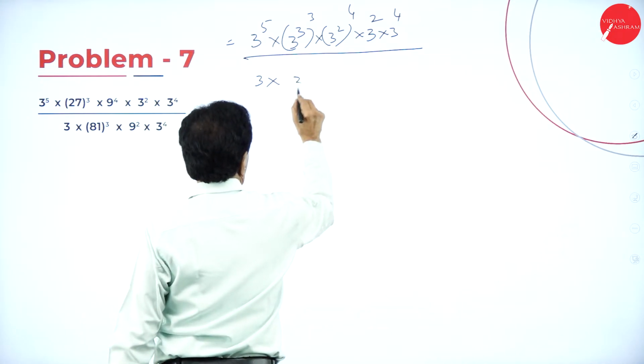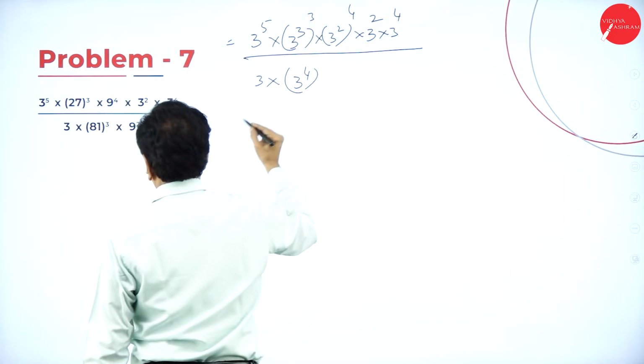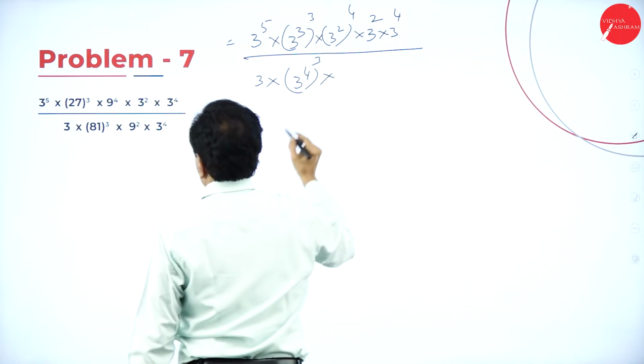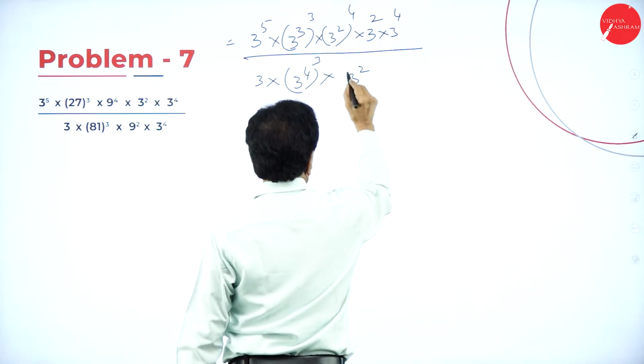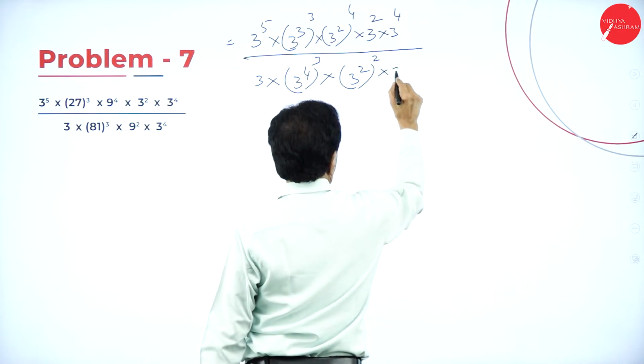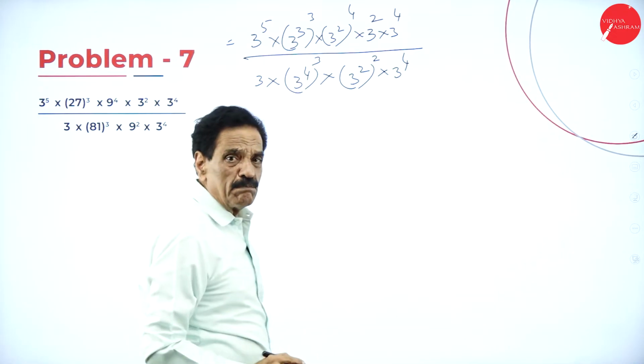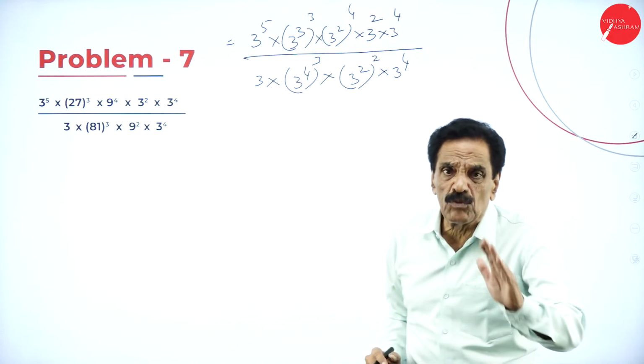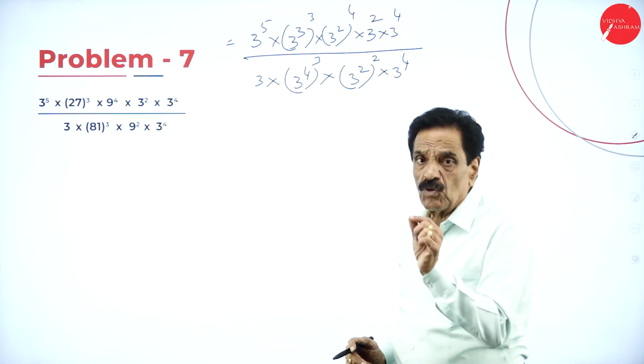This is 3 to the power of 4 to the power of 3. 9 is 3 square to the power of 2. This is 3 to the power of 4. All the numbers are on the base of 3 only. Common base is 3 only.